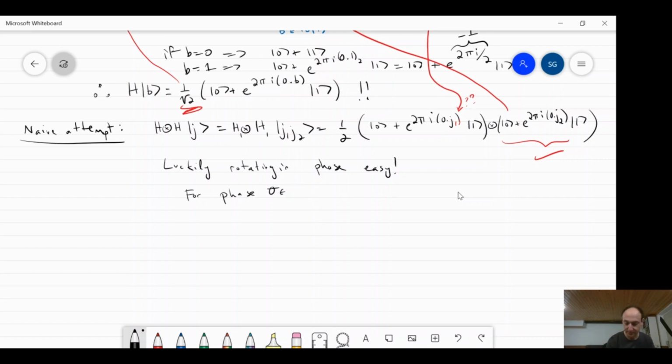So let me just, without loss of generality, say the phase is between 0 and 1. Otherwise, we just wrap around the unit circle. So we can use the gate R theta, which I'm going to define as the diagonal gate 0, 0, e to the 2 pi i theta.